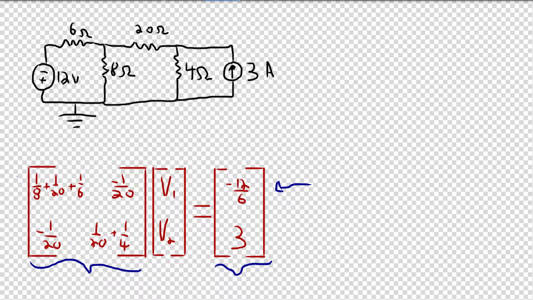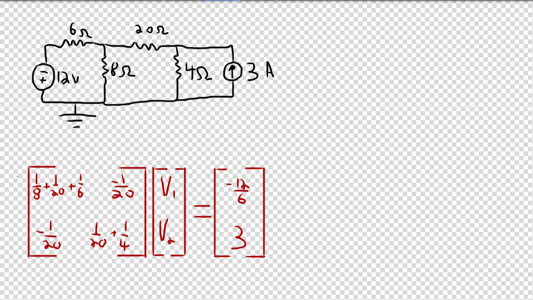Everything in there comes from a source where we know what the value is coming out of it. And then you may have also noticed something about this matrix here. All those numbers in there come from the different resistances in the circuit. And if you did notice that, you're very clever, and I'm very proud of you. Good job.